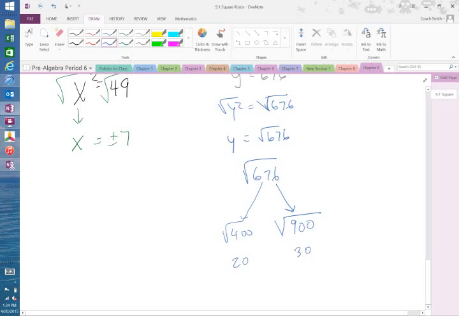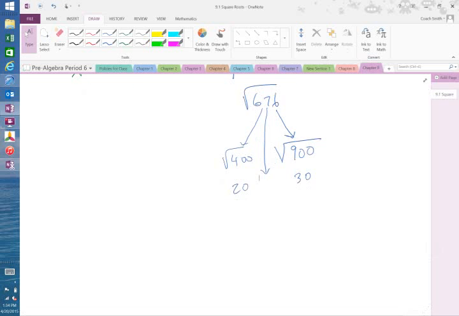So then that tells me that since this is right in between those two, my answer has to be somewhere in there.